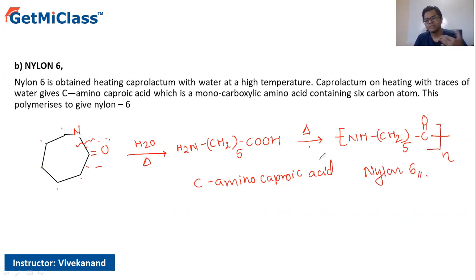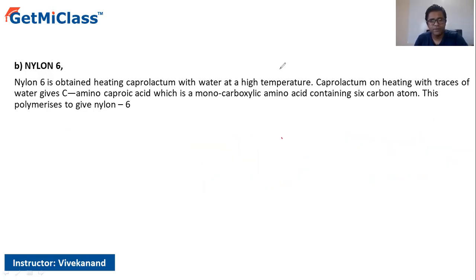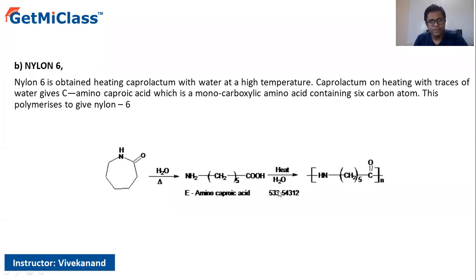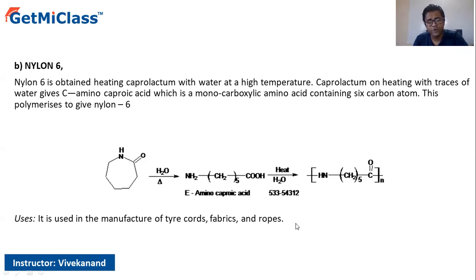This process continues along with the elimination of a water molecule. So this is all about nylon 6. Okay, so we have represented it here in a proper manner. This nylon 6 is used in the manufacture of tire cords, fabrics, and ropes.